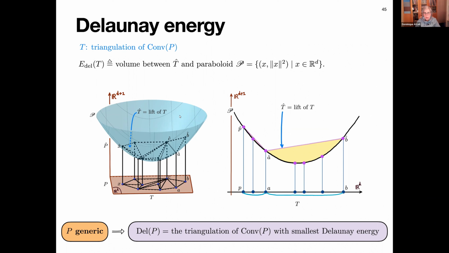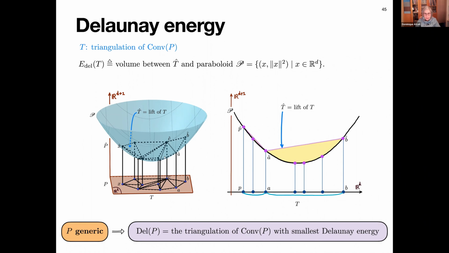So consider the paraboloid whose graph is the norm squared, okay? And the paraboloid is in R^(d+1), and you project vertically the points in your point set onto this paraboloid.